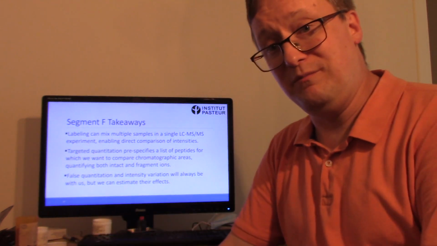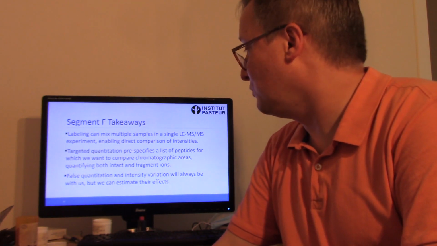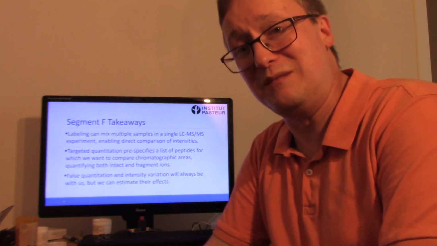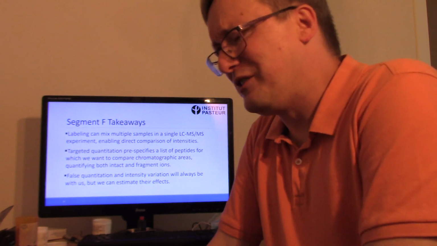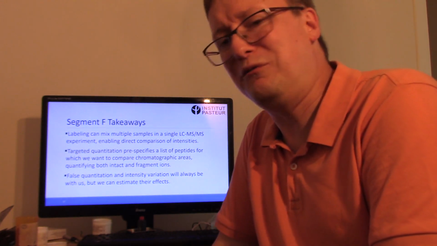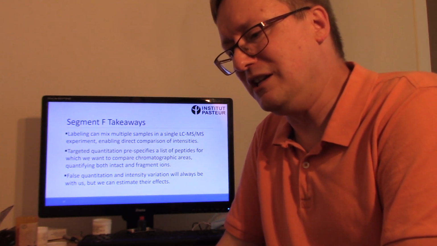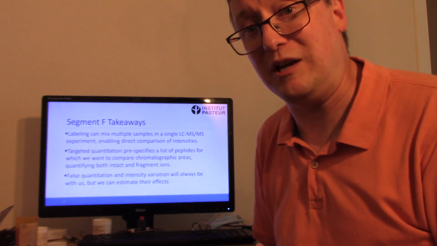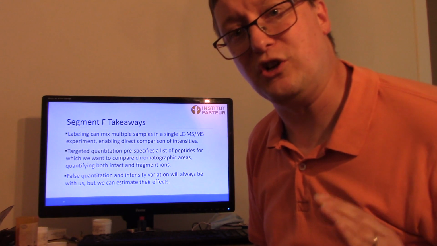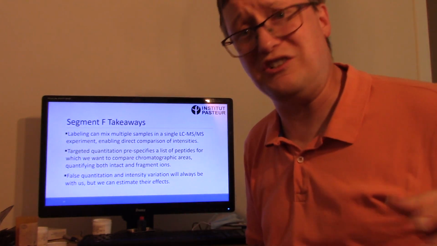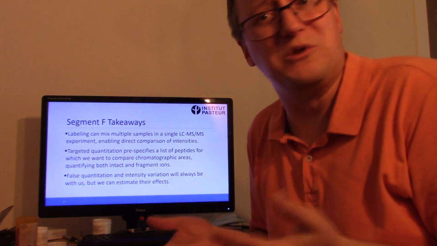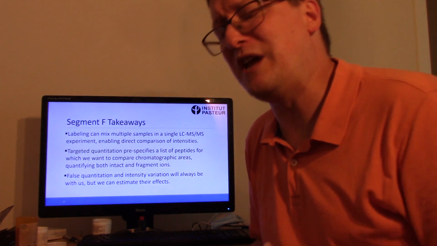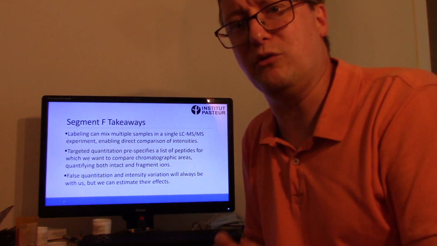False quantitation and intensity variation will always be with us, but we can estimate their effects. I don't know that I defined false quantitation all that well for you, but I would just note that it is certainly possible, when you have a very small amount of a peptide present, to essentially integrate the noise, to integrate just the background, to try to put together some sort of quantitative measure rather than having a missing value there.